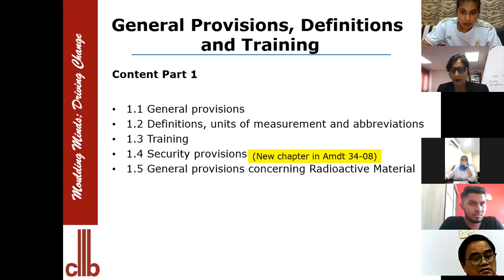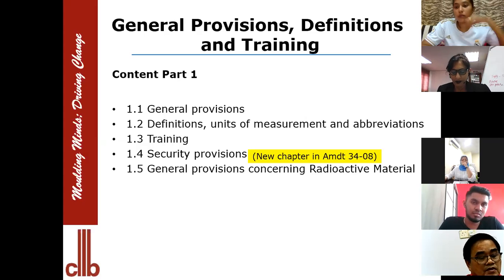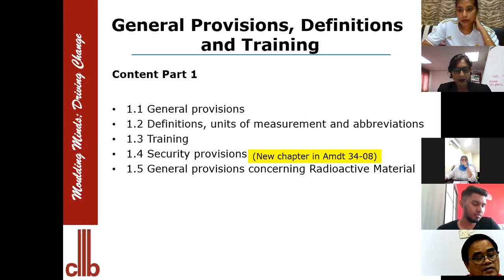What are cargo transport units? So these are defined. Certain abbreviations that are used, like what does bags mean? What do barge carrying ships mean? What does bulk mean? And what does elevated temperature mean? What does ro-ro mean? Some of you may not even know what a ro-ro ship is. So there's a whole bunch of definitions in 1.2 of the code book.